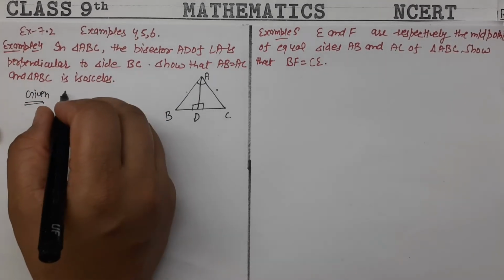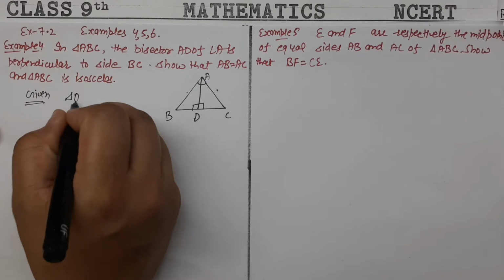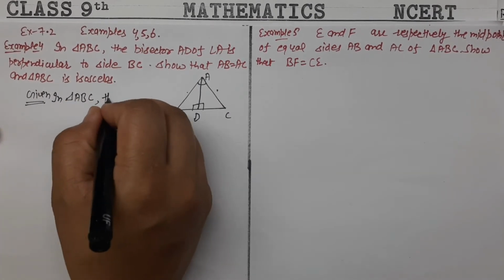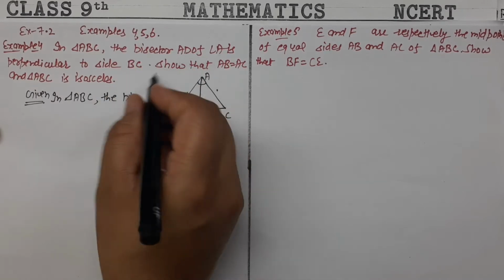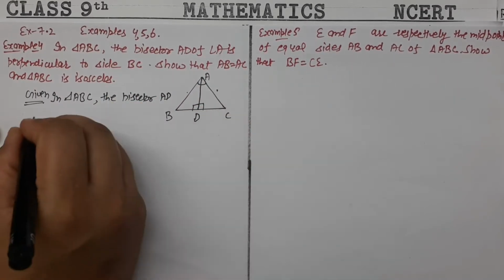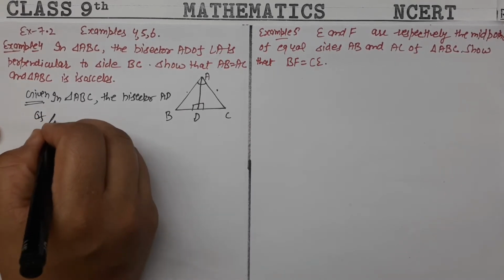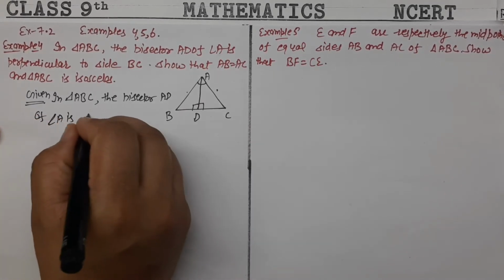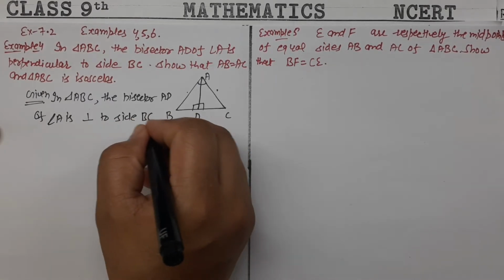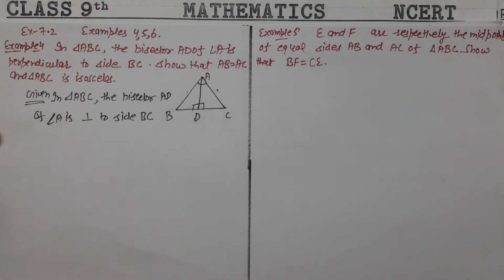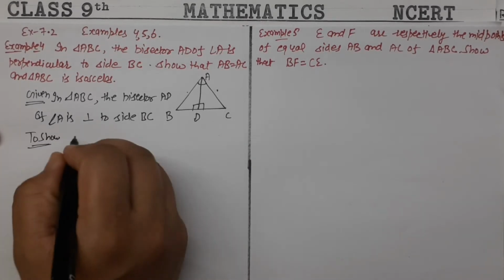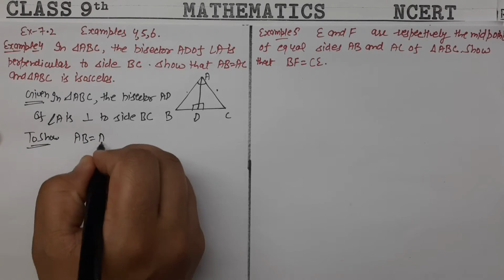Given: in triangle ABC, same we will write, AD perpendicular to BC, symbol of 90. To show AB equals AC.